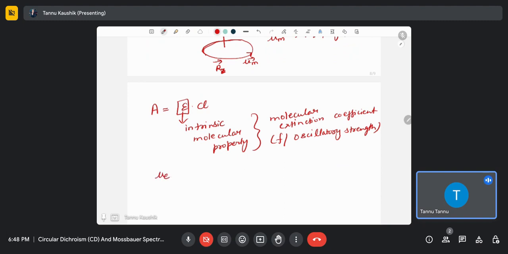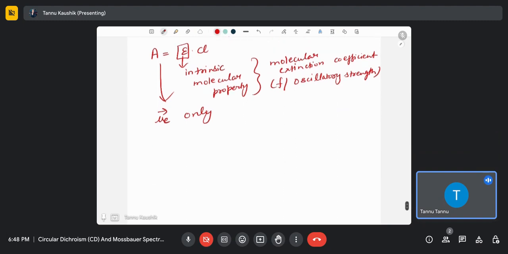So, in the case of electric dipole moment only, we look into the absorbance of this light, which is associated with the oscillatory strength of the molecule.